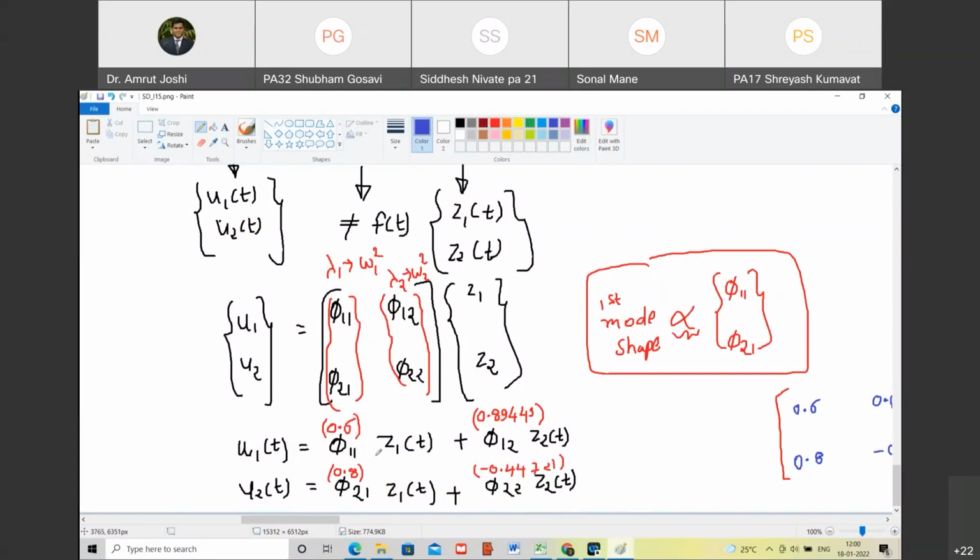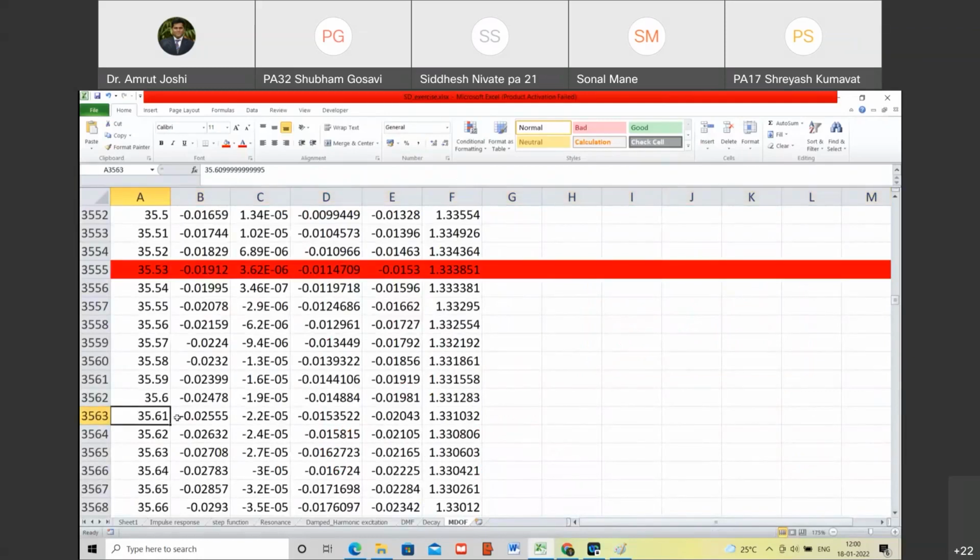And now, after 35 seconds, for any given time, z1 of t and z2 of t will be constant. Do you agree with me? So let us take a time after 35 seconds, say 35.61. For this given value of t, this is u1 of t and this is u2 of t. Do you agree with me? And उनका ratio कितना है? 1.333.